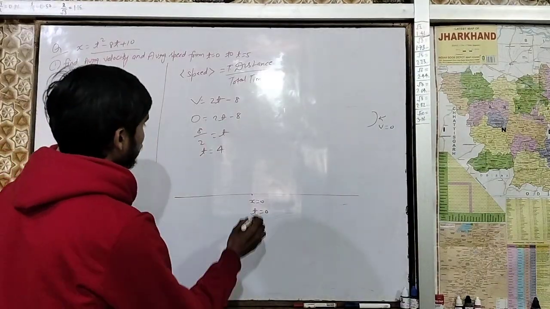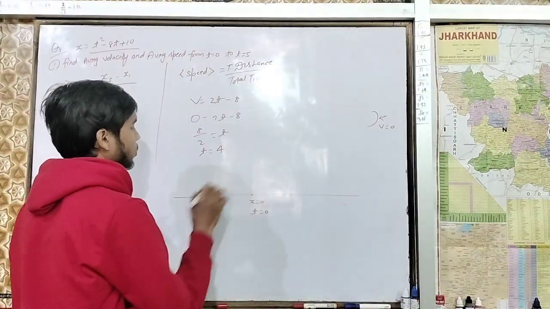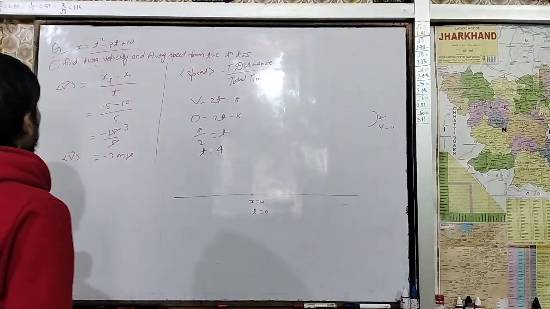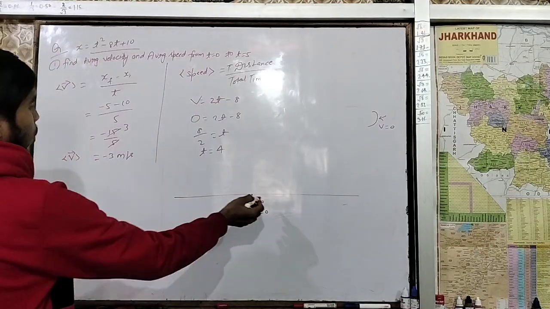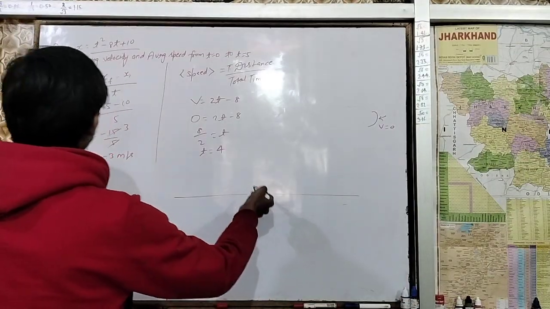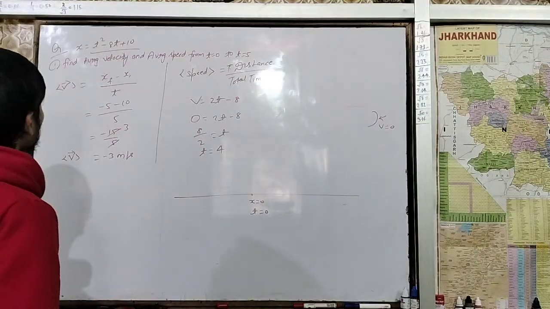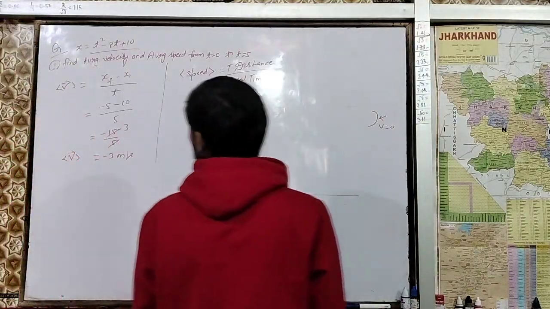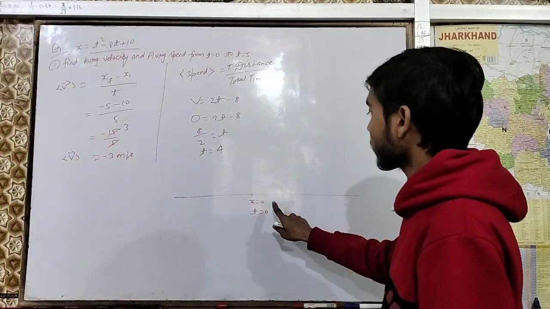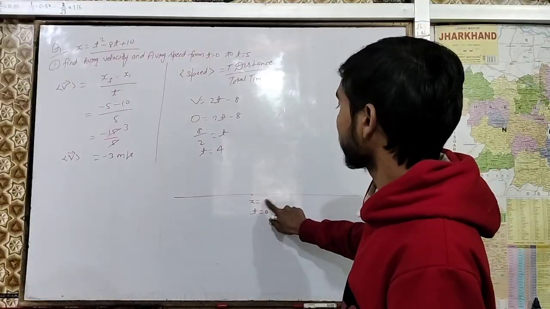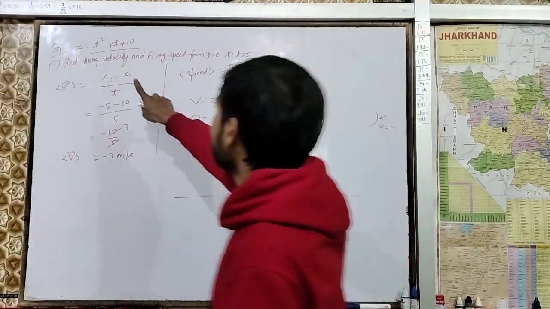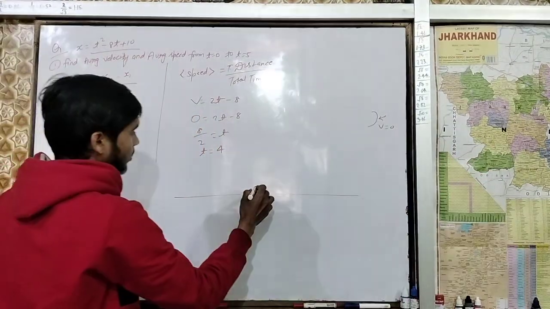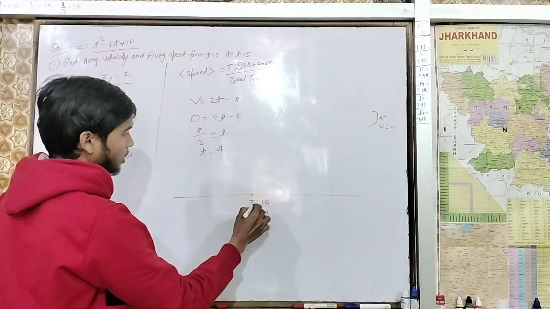At t is 0, what is x coming as? At t is 0, x is coming as 10.